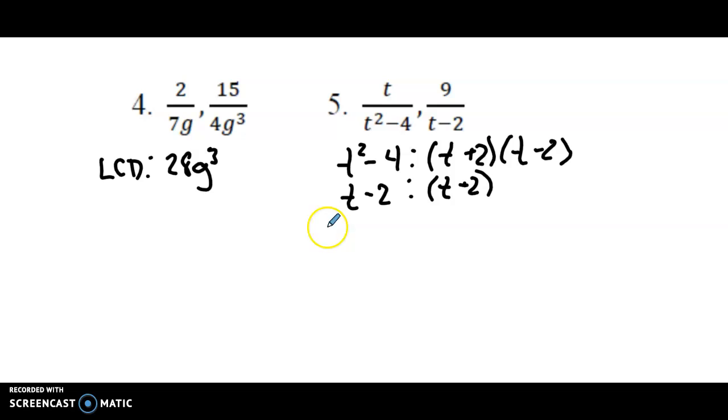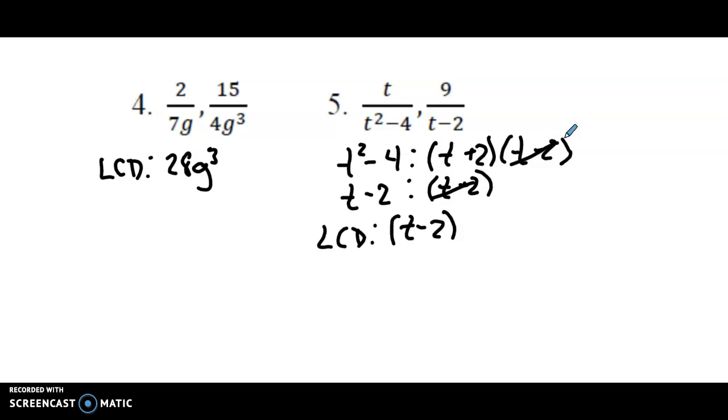All right, to find the LCD, you're first going to look for anything that they have in common. So they both have the t minus 2. That one is going to be the first part of our LCD, what they have in common. I'm going to cross them off to signify that I used them.